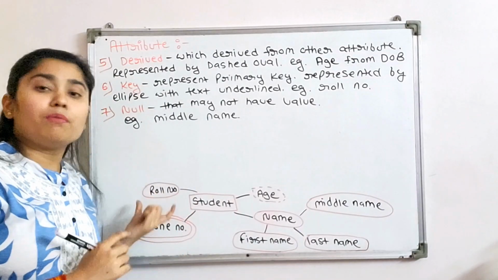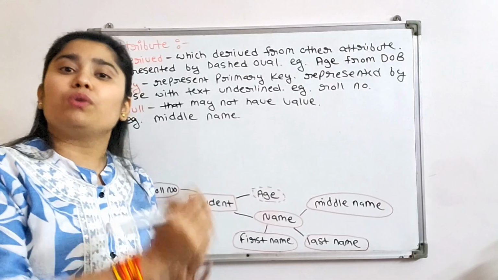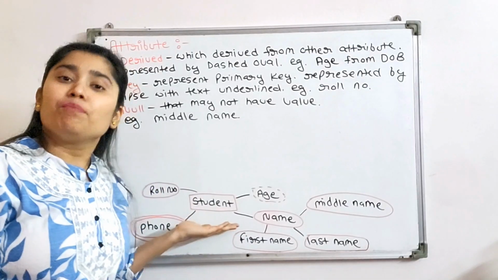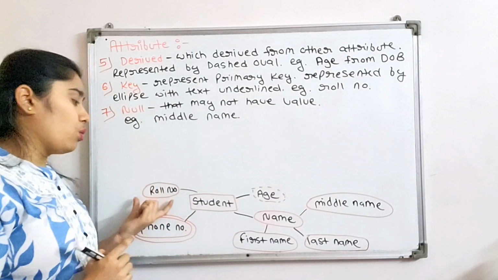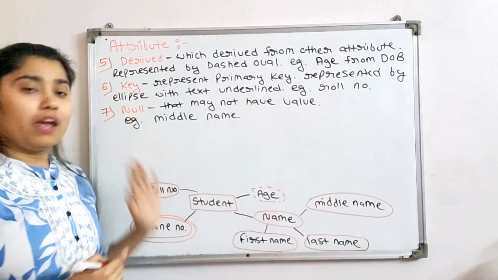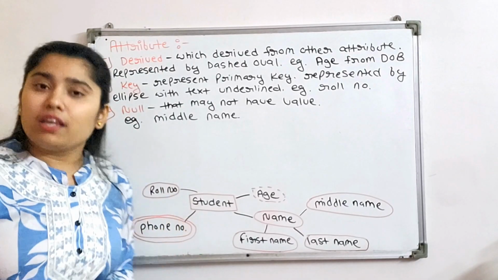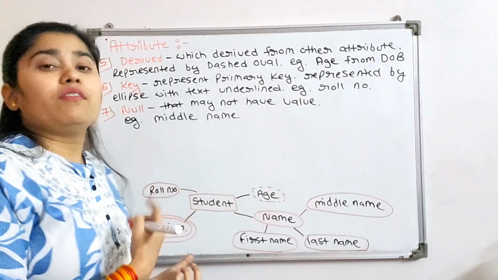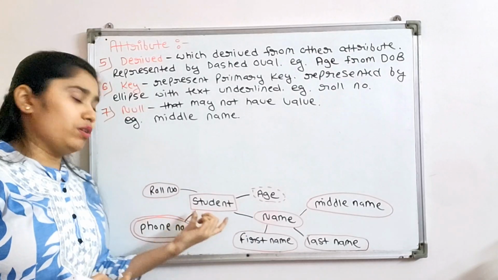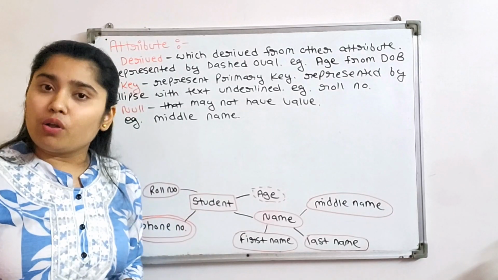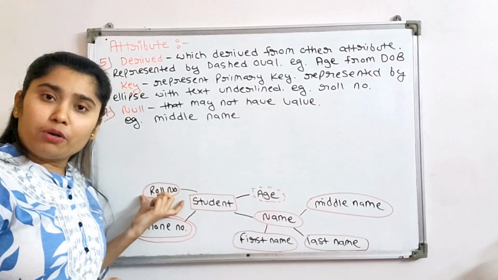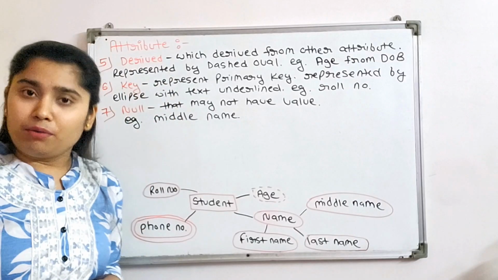So roll number is a primary key, which uniquely identifies every student. Therefore the roll number is a key attribute and also a single valued attribute.